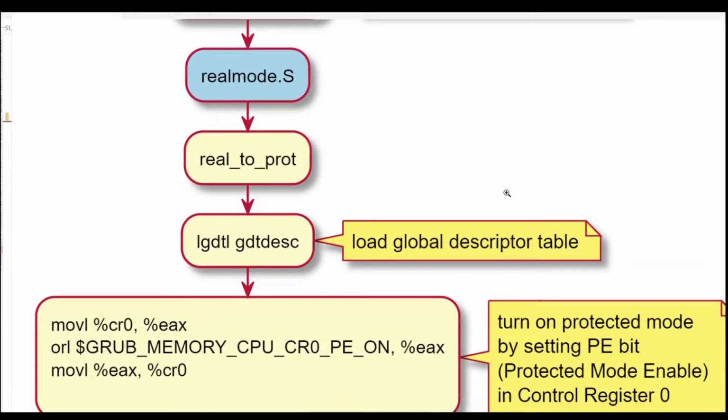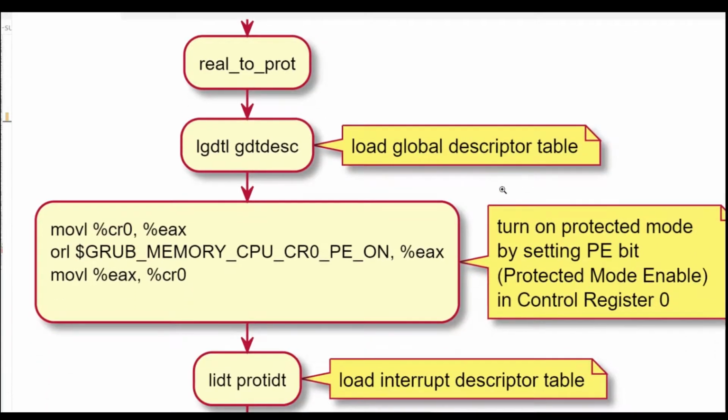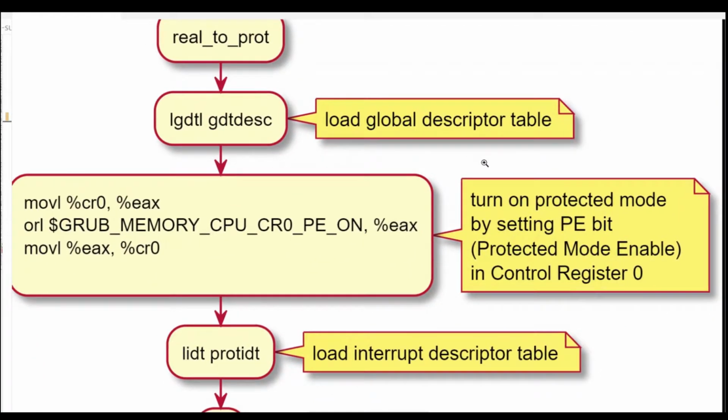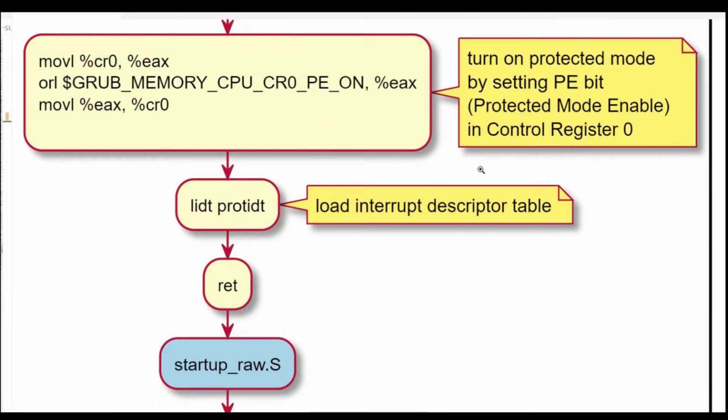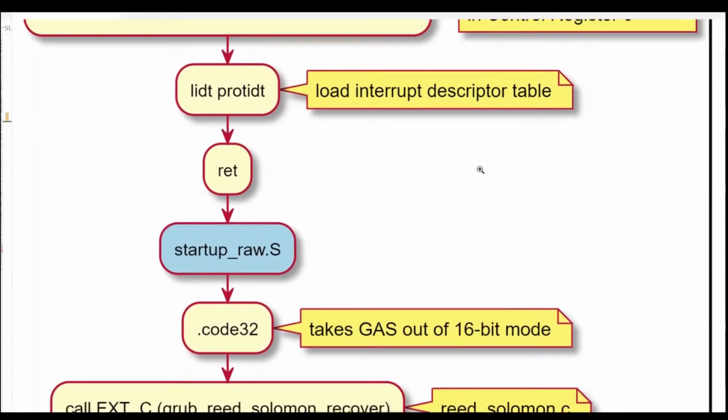The steps are loading global descriptor table, setting PE or protected mode enable bit to turn on protected mode, loading interrupt descriptor table.